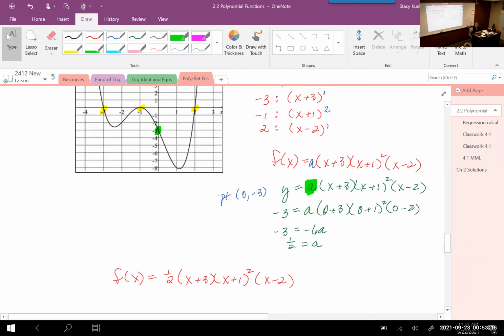Okay, and you can do that for any equation, right? If I can come up with the general form of a function, I can actually find the actual equation if I can locate a single point and plug it in to solve for it, all right? Okay.